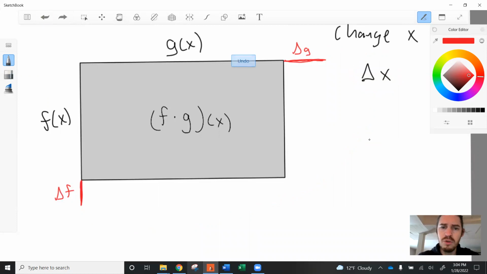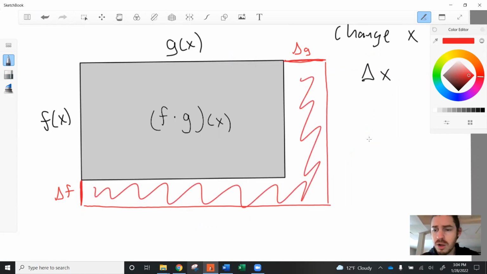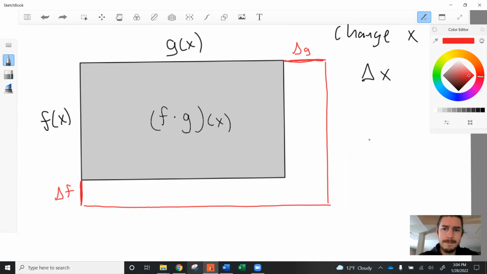Okay, but now what's the overall change in the area? Well, I can go like this and like this. And this here is the overall change in the area, and it's the overall change in the product function, f times g. So that whole thing is delta fg. Now, the derivative is going to be that divided by delta x, right?